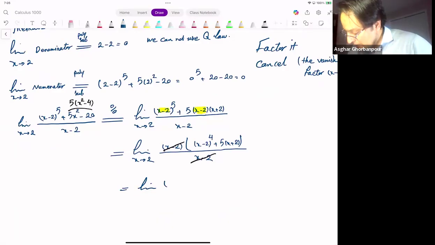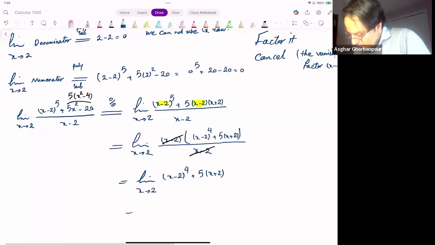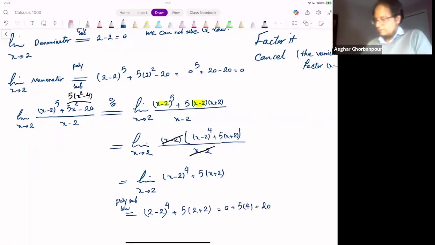So I'm dealing with just one polynomial, long, strange polynomial, but it is a polynomial. And then I can use the polynomial substitution law or theorem. And then I get (2 minus 2) to the power 4 plus 5 times (2 plus 2), which is 0 plus 5 times 4, and that is 20.